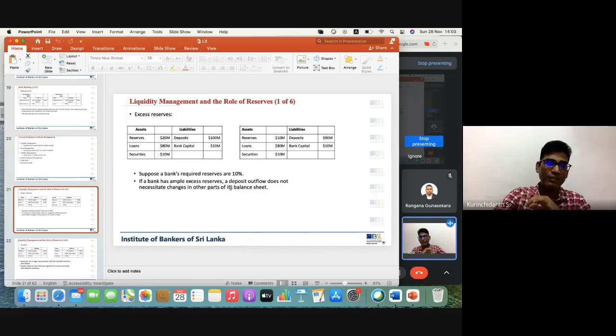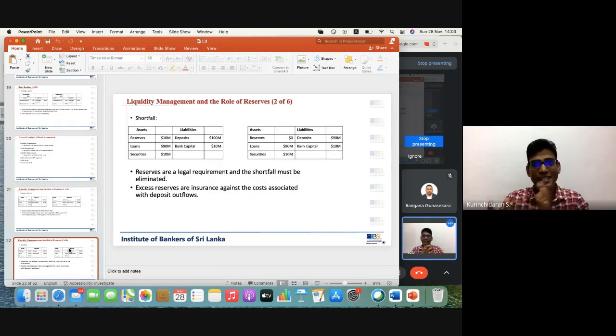Then let's assume a shortfall. In the first balance sheet, you could see on the liability side deposits of 100 million and bank capital of 10 million. And on the asset side, reserves of 10 million, loans of 90 million, and securities of 10 million. It's altogether 110. Now one customer withdraws 10 million in deposits.